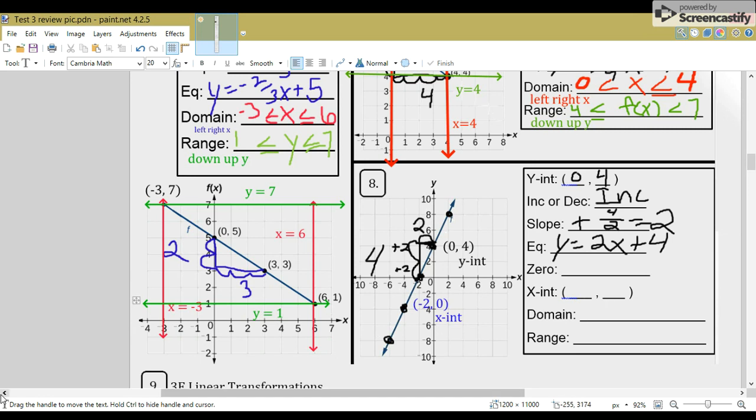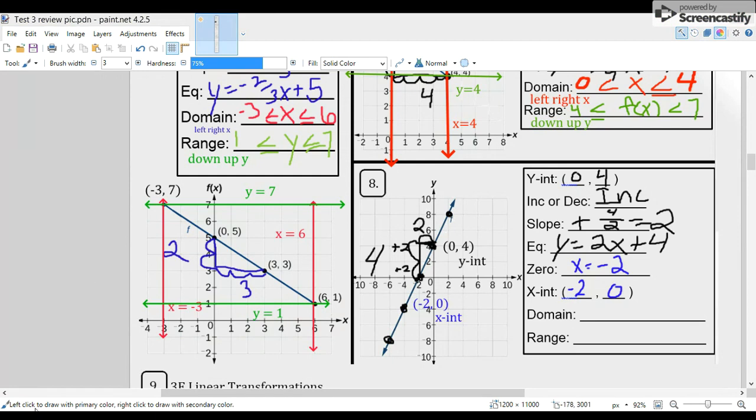For our 0, we are looking for the x part of the x-intercept, this right here. The 0 is at x equals -2, and the x-intercept is -2, 0. The domain: it has an arrow on the left and an arrow on the right, pointing left forever and right forever.